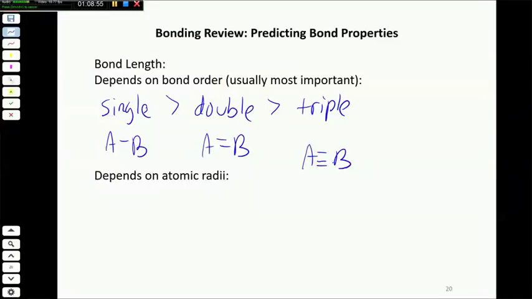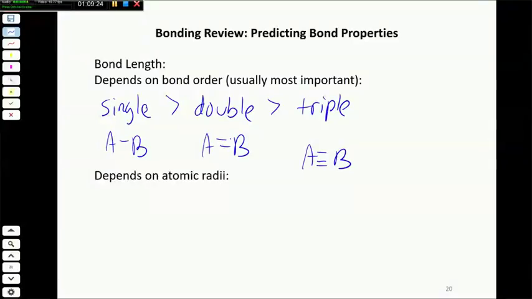And this comes into play if we're just comparing bonds where we tell you the bond order, or if we give you, let's say, two diatomic molecules like B2 and N2, and want you to use molecular orbital theory to figure out what the bond order is and then relate that to bond length, where there's sort of an inverse relationship. So the higher the bond order, the smaller or shorter the bond length. So that's an important relationship. And this is the one that you want to look at first, because going from a single bond to a double bond to a triple bond is a huge change in bond length.